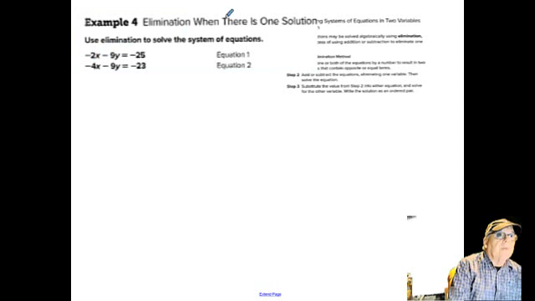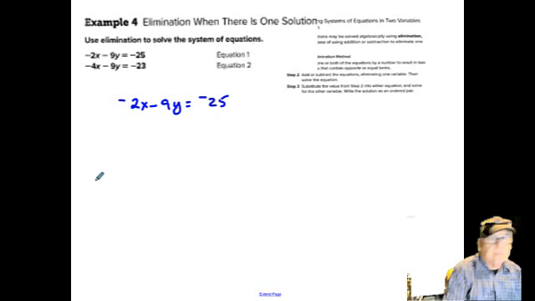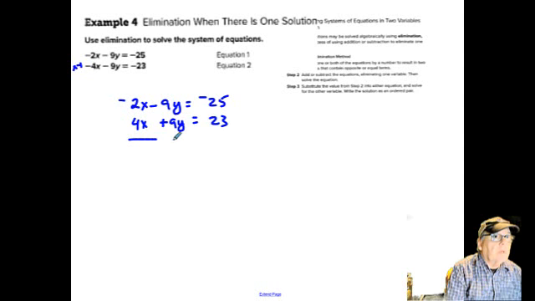I'm going to multiply the second one by a negative 1. So I'm just going to copy the first one down. Negative 2x minus 9y is equal to minus 25. For this other one, I'm going to make everything opposite because of the minus 1. So I get 4x plus 9y equals positive 23.